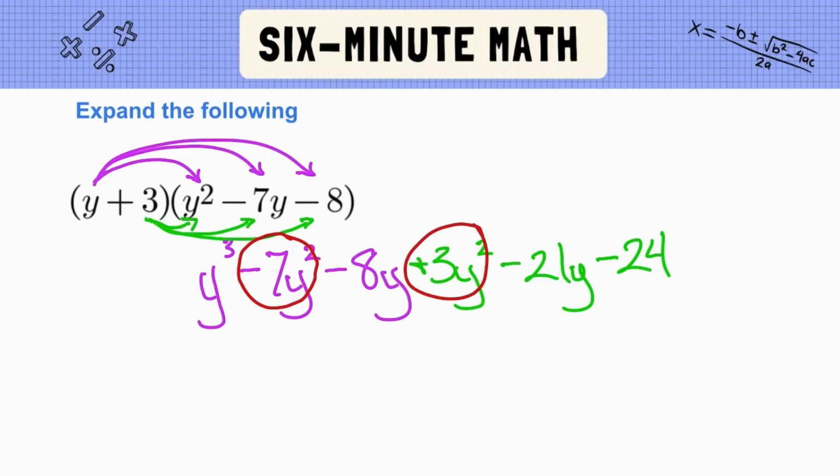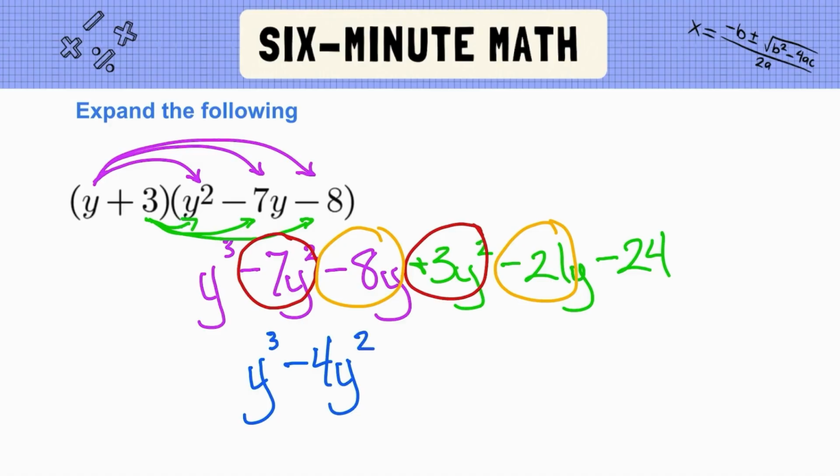Couple y squareds and a couple y's, for a final answer of y cubed minus 4y squared minus 29y minus 24.